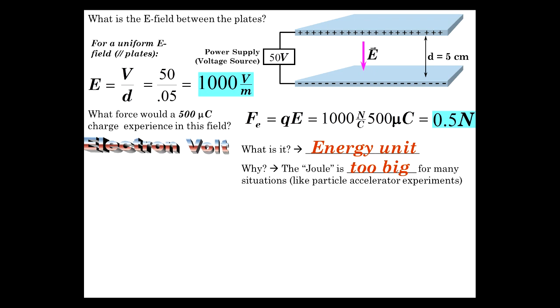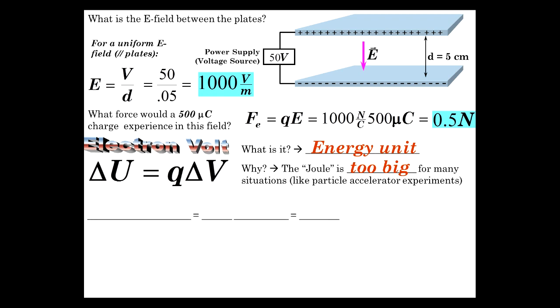So it's a very common unit in particle colliders. And so here we have the basic fundamental definition that change in potential energy in a given situation corresponds to the charge times the change in potential. Or you could say change in potential is change in potential energy divided by charge, energy per charge.